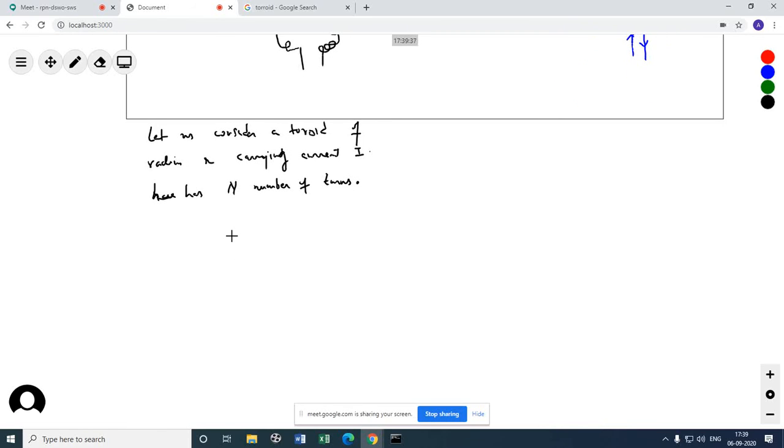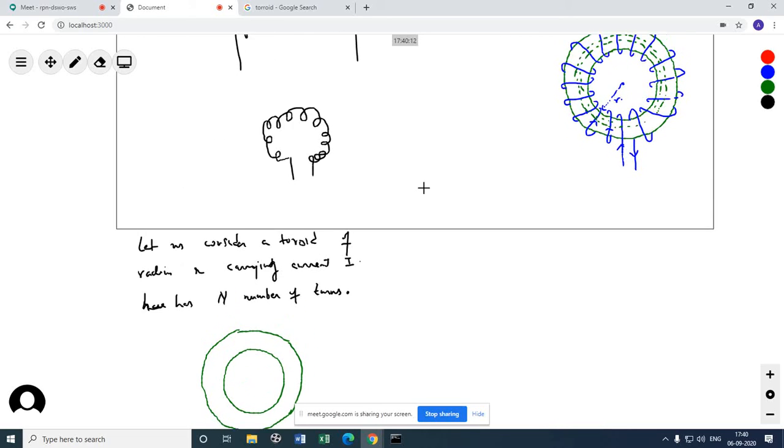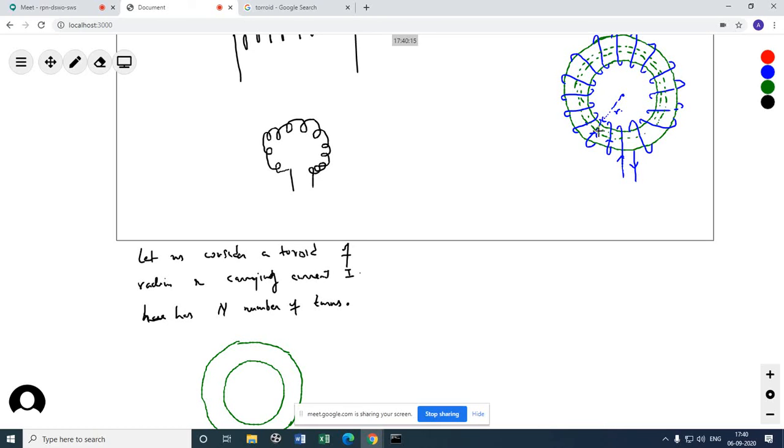Now what we're going to do, we'll draw one more diagram. This time we're going to cut this. See, I'm going to cut it now. If I cut it, look at this current, how the current is going. It is coming from here and going in. So from here it is coming and going in.